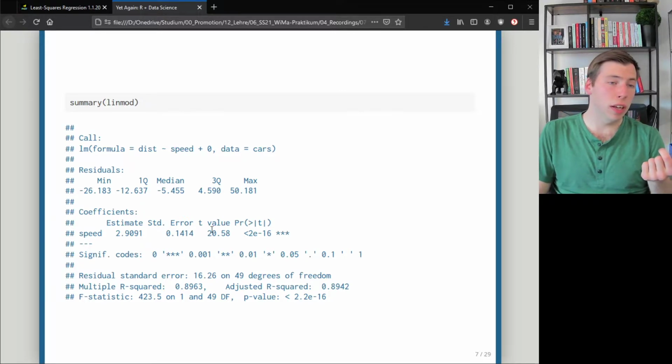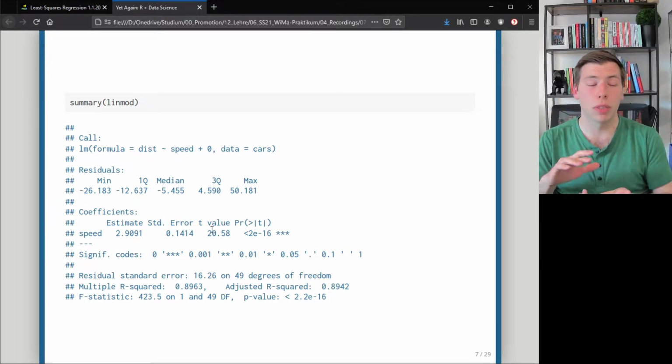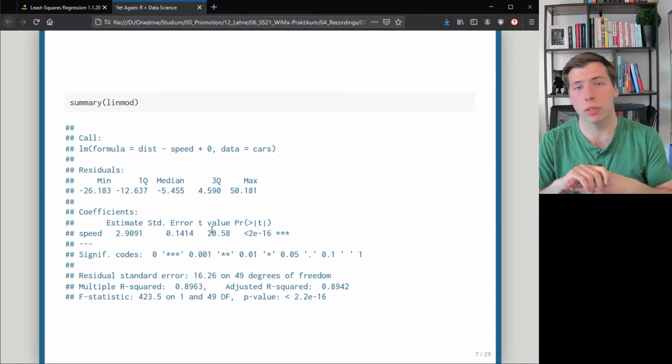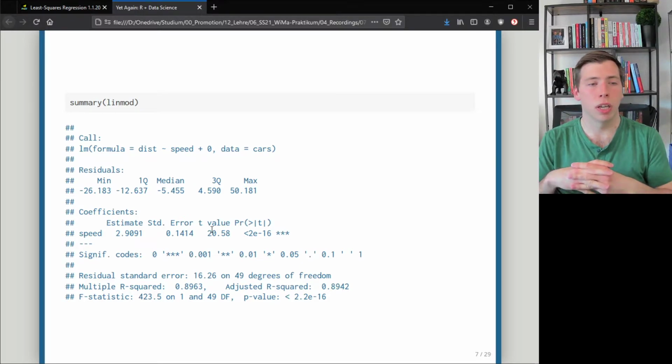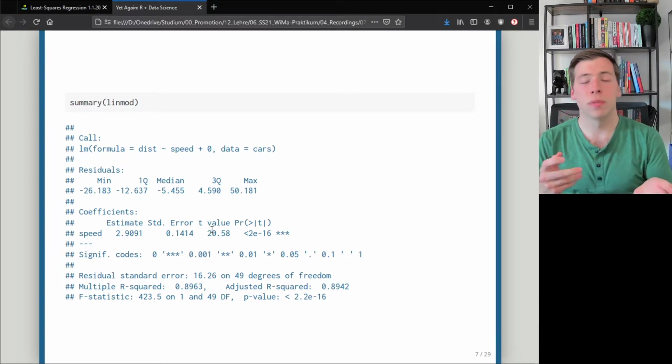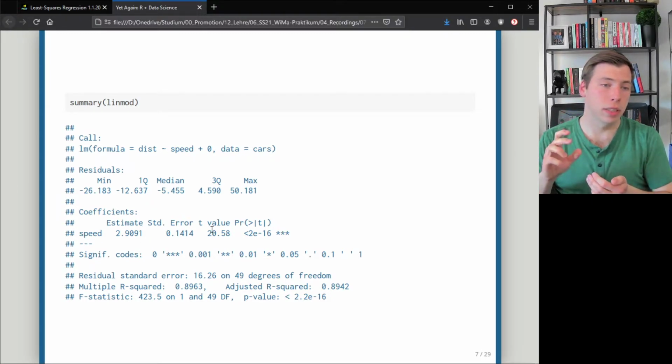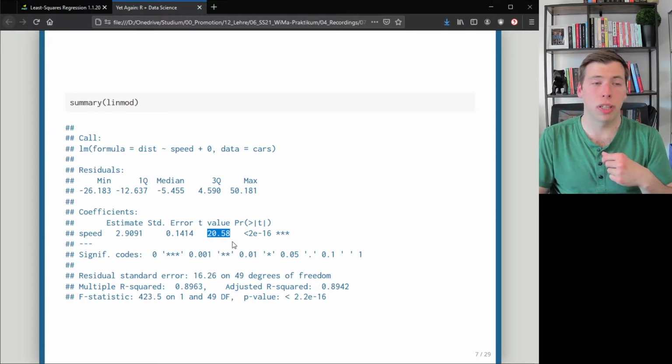Then we have a t-value here, so we have a hypothesis test which is included in the linear model. I mean, it's not really part of the linear model, but if we call lm, then also a t-test is run. So basically the t-test statistic is given here for that particular test.